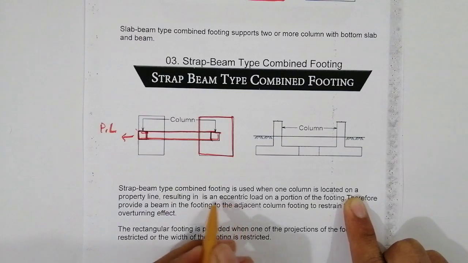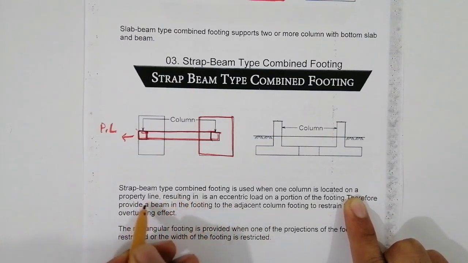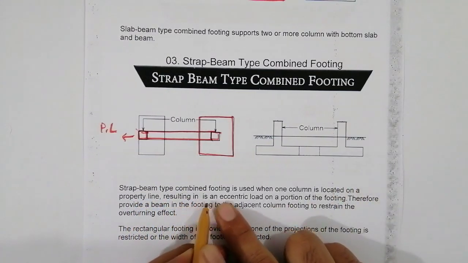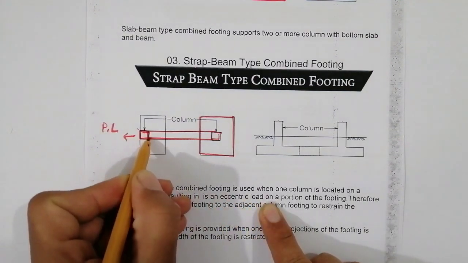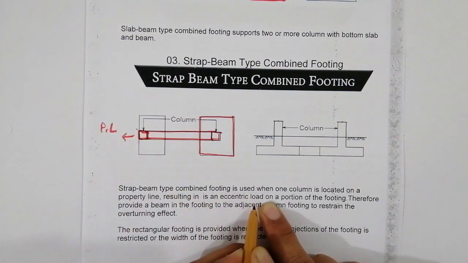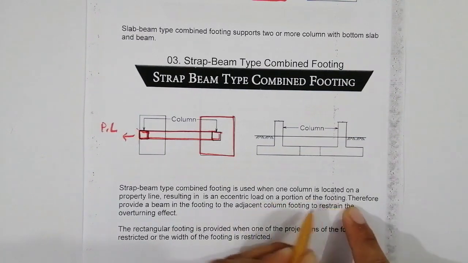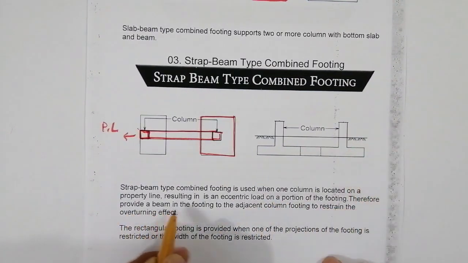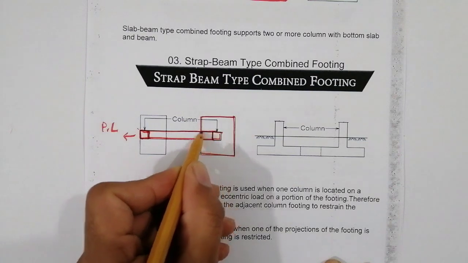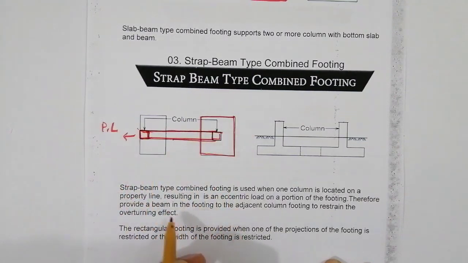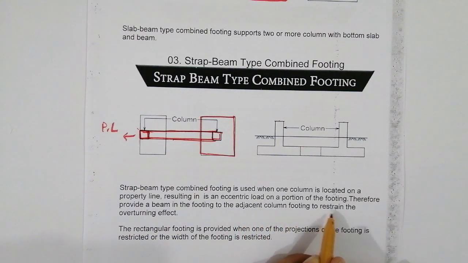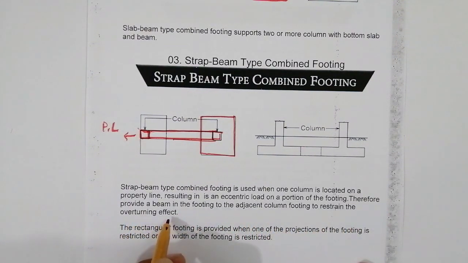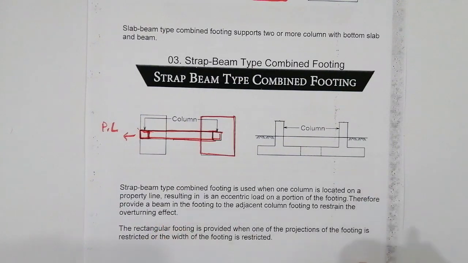Now you can see guys, the result is an eccentric load. Because of the eccentric load on a portion of the footing, we provide a beam in the footing to adjust the column footing and restrain the overturning effects. So therefore we provide it.